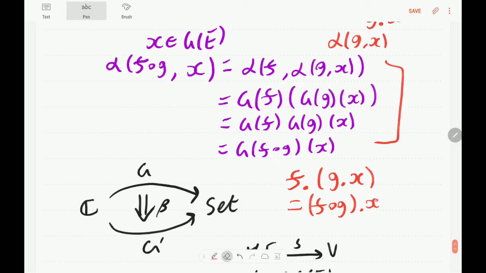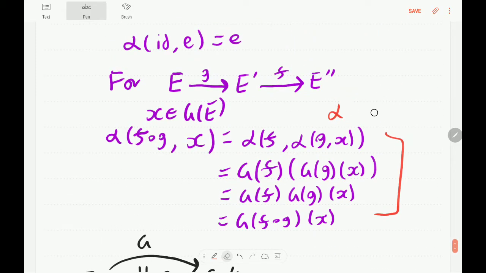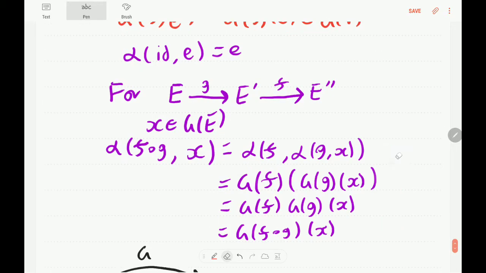But I prefer to actually put the alpha in, keep it explicit.